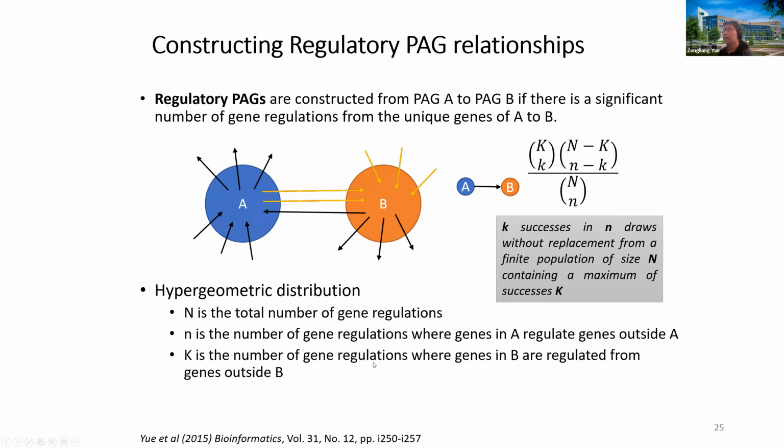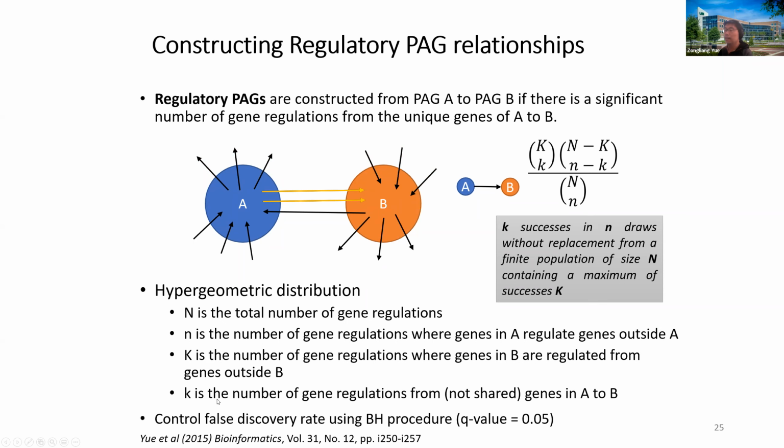Capital K is the number of gene regulations where the genes in B are regulated from genes outside B. And small k is the number of gene regulations directly from A to B. Therefore, we can use the hypergeometric test to infer the p-value, and we also apply false discovery rate control.